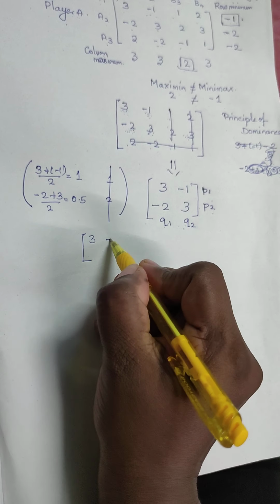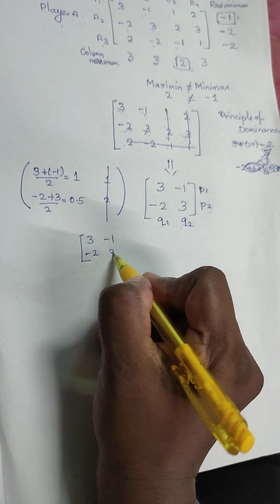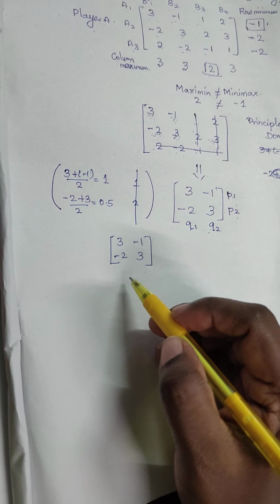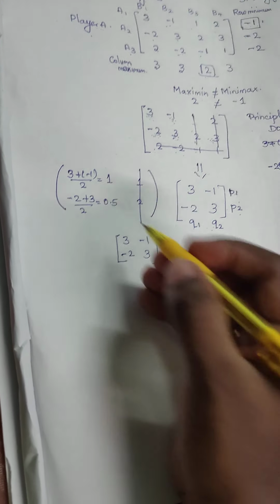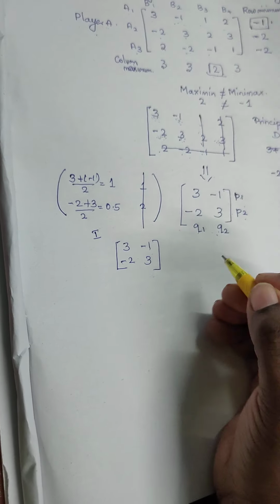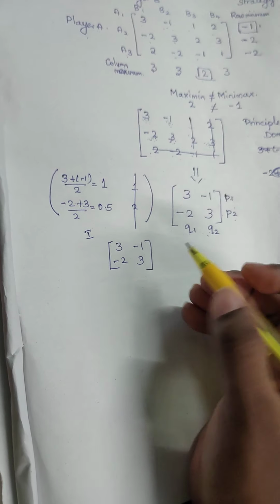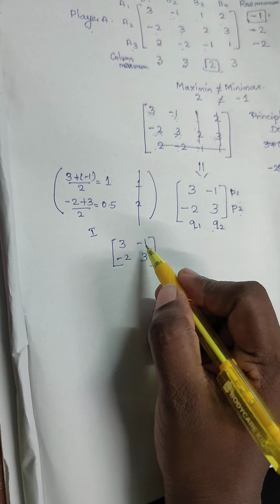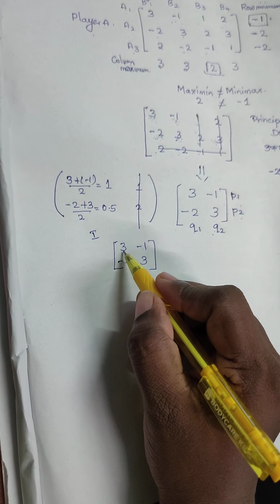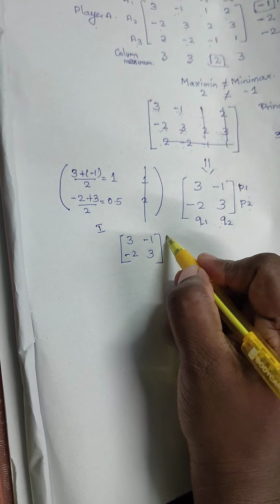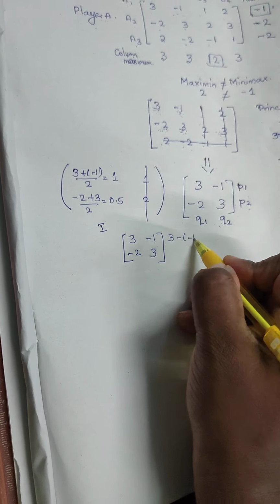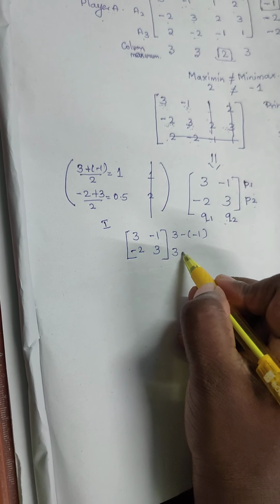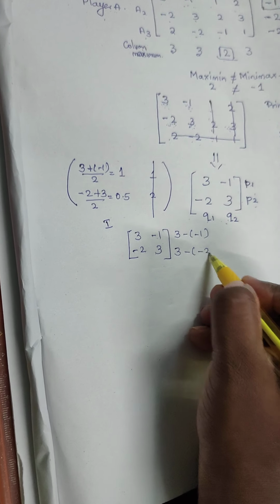My shortcut method consists of 3 steps. It is usually done in one step itself, but here I will put all 3 steps for you so it will be easier to remember. The first step is you find the difference between this and this. So 3 minus 1. Here 3 is the bigger value minus the smaller value.